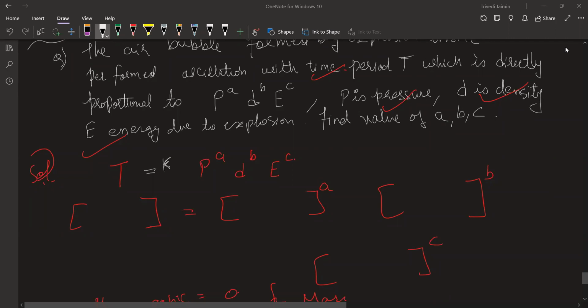Now what? Any progress? Sir, I found the dimensions. Okay, what are those? For pressure, it's M minus 1, L minus 1, T minus 2. Sorry, M1, sir, M1. Density is M1, L minus 3.